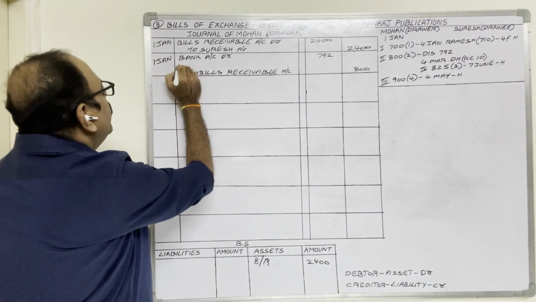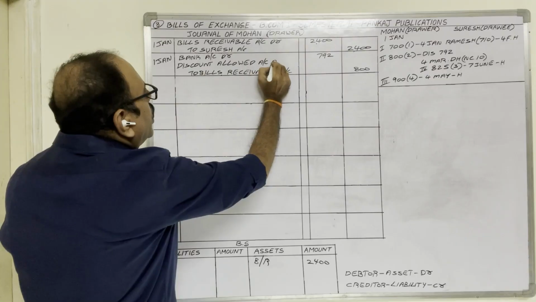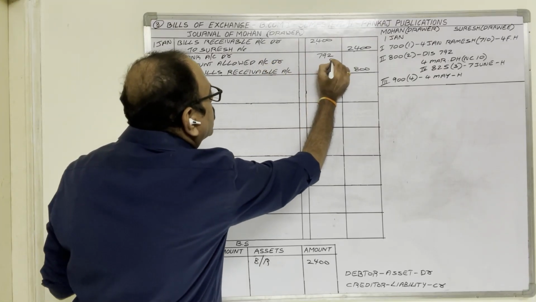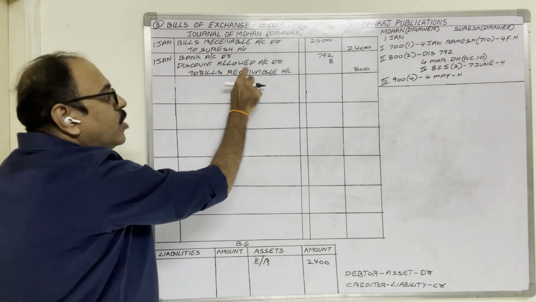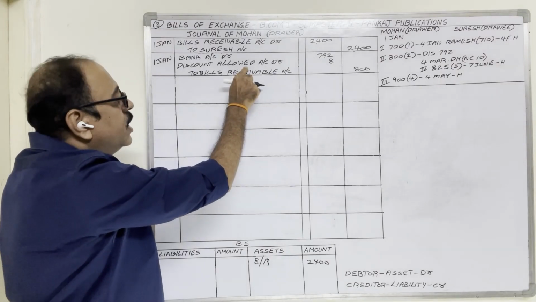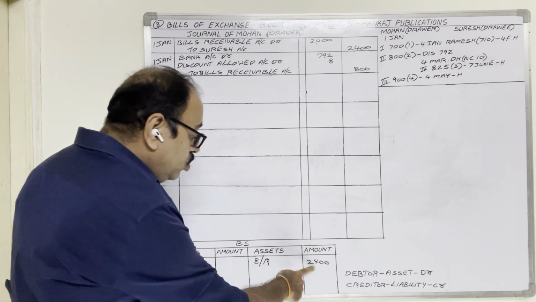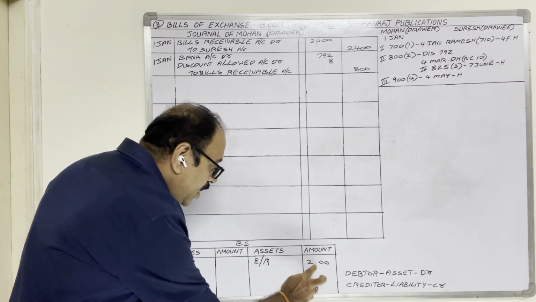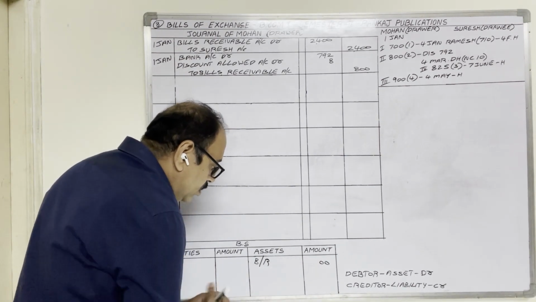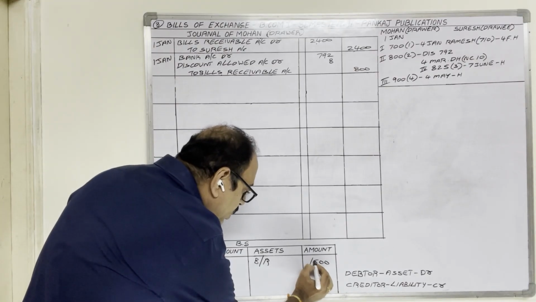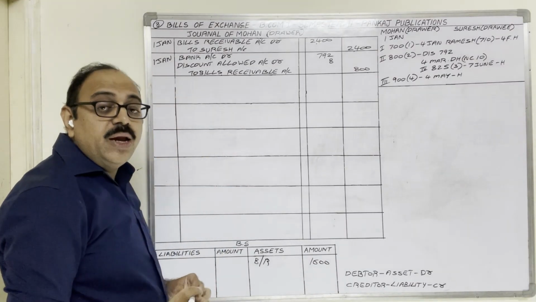Discount allowed account we have to debit, 8 rupees. You can write discount account also, no problem. Both are correct. And what is the effect on the balance sheet? So in this 2400, 800 we have cancelled.